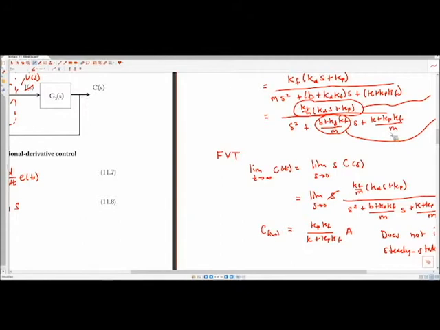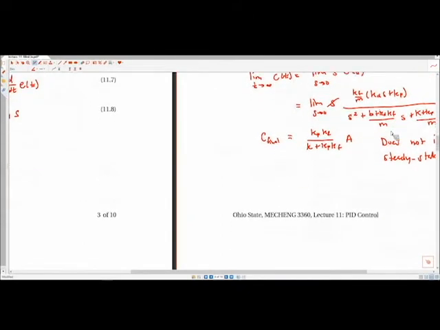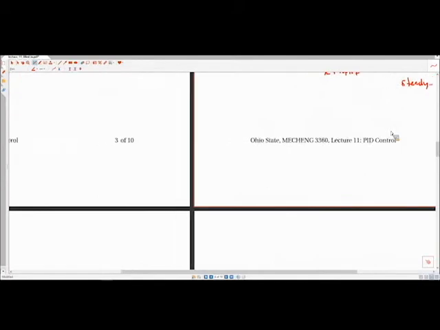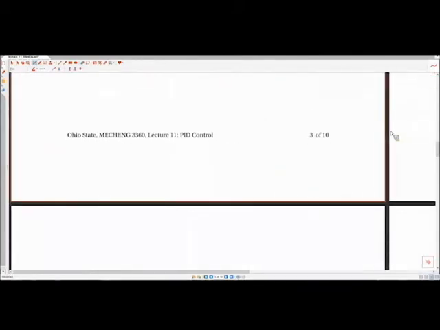So we should not see an effect on the natural frequency. We have added a 0 to the system, so that does have some influences, as we've talked about before, but some general rules for proportional derivative control are as follows: if we increase KD, C final is not going to change at all.